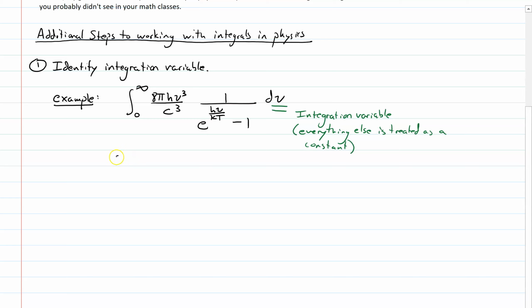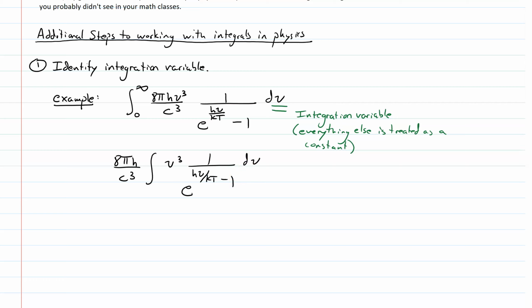So I can bring outside 8 pi h over c cubed. And then inside I'm going to have nu cubed and then 1 over e to the h nu over kT minus 1 d nu, like this. I can bring those things out because they don't depend on the integration variable.